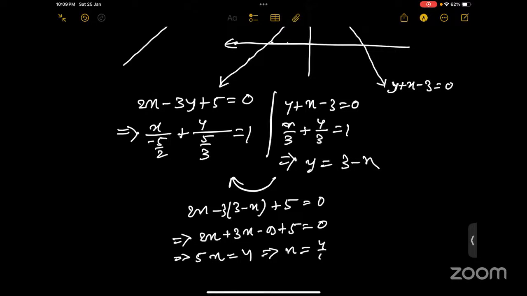X is 4 by 5, right? Yes. And y will be 3 minus 4 by 5, that means 15 minus 4 by 5, that means 11 by 5, right?